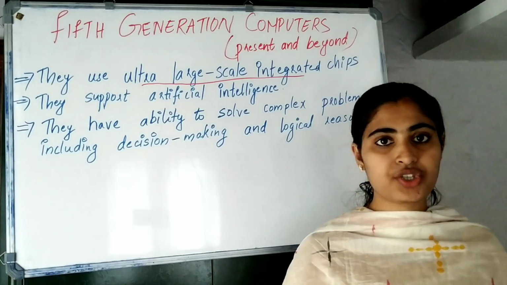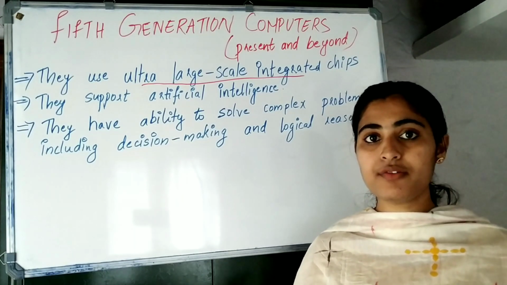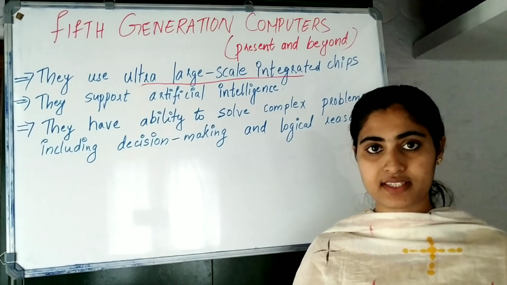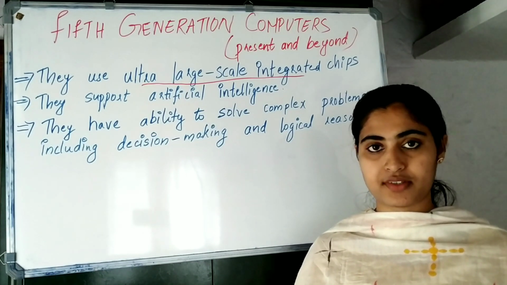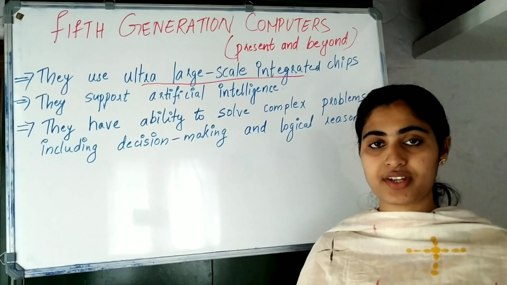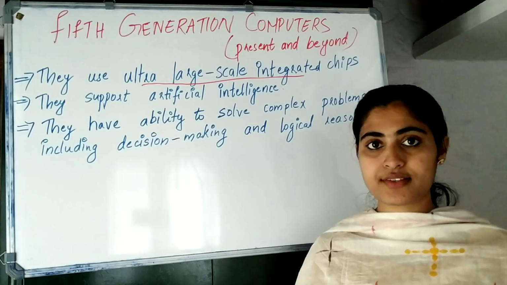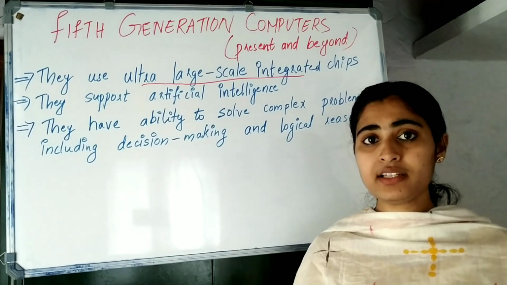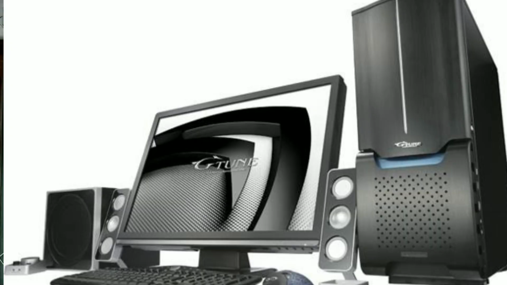In fourth generation, there were only thousands of integrated chips inside a microprocessor. Here, in this generation, a processor consists of 10 million integrated chips. That is, these computers are more powerful and reliable than all the earlier generation computers.